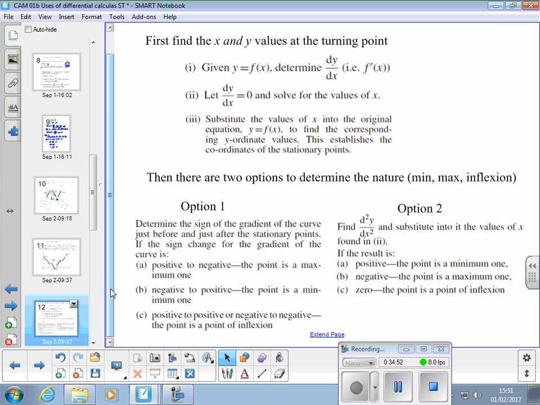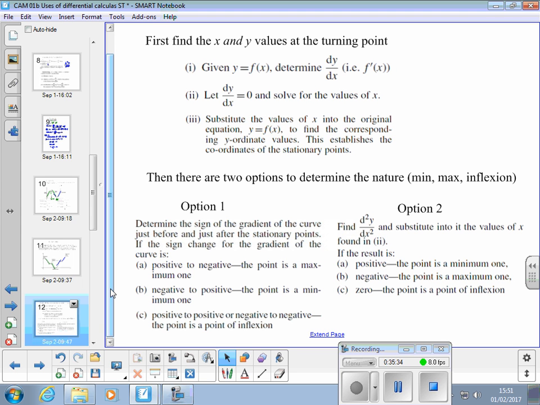You'd probably use the option of looking either side if the first differential is reasonably simple, like the acceleration and speed one, but to find the second differential, differentiate again. And if the value is 0, it's a point of inflection. Okay.